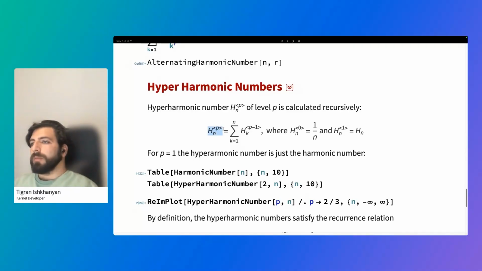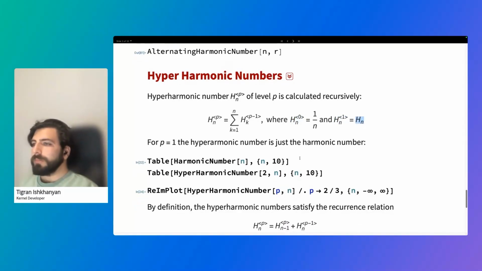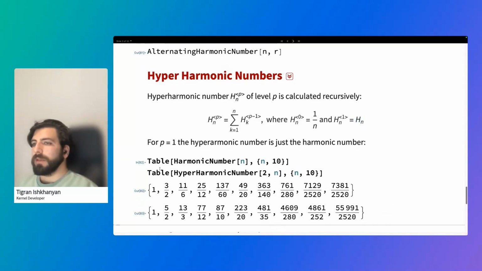The hyperharmonic number of level P is calculated recursively using this sum, and we have to give some initial values. The hyperharmonic number of level 0 is 1 over n, and the hyperharmonic number of level 1 is just the harmonic number. We can see this, evaluating the harmonic number and evaluating the hyperharmonic number.